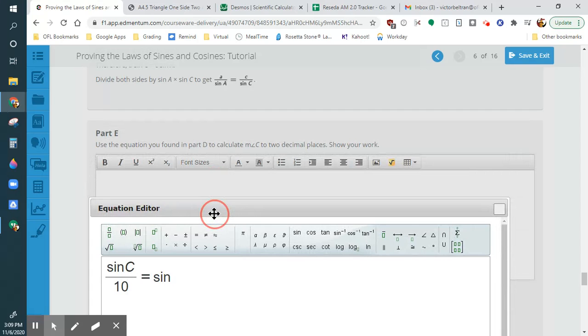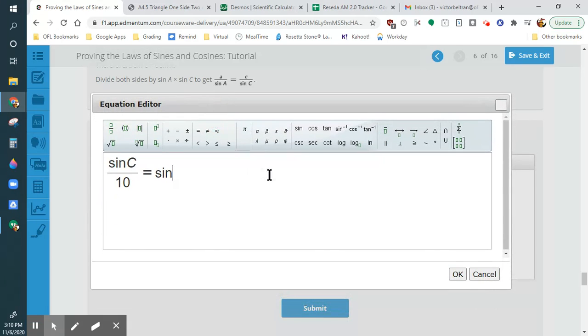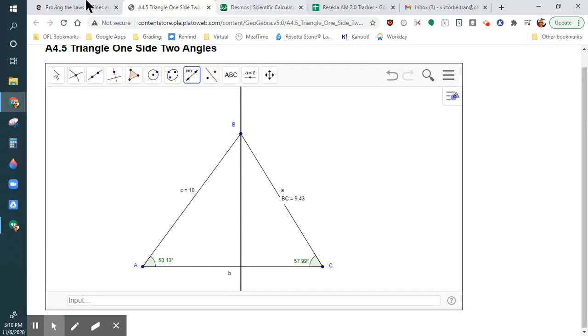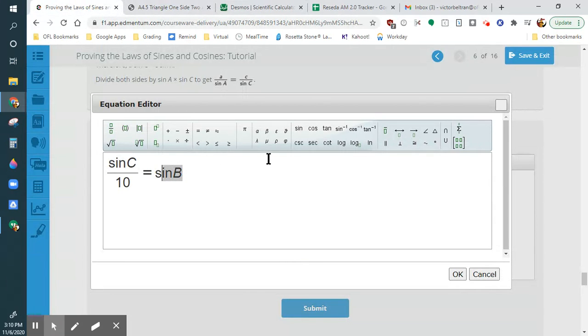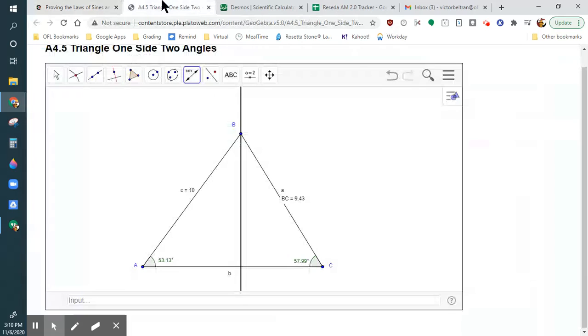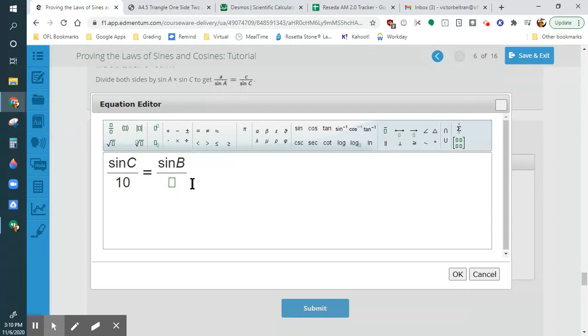This is equal to sine of b, which we solved for. I'm just making sure, yep. Calculate sine of c. I feel like they should have said sine of b, but okay. So we're going to calculate angle b. Underline that. We didn't know what this was until I plugged it in.